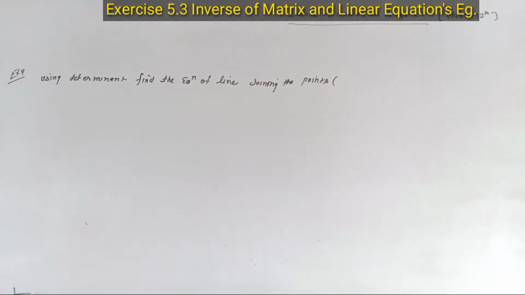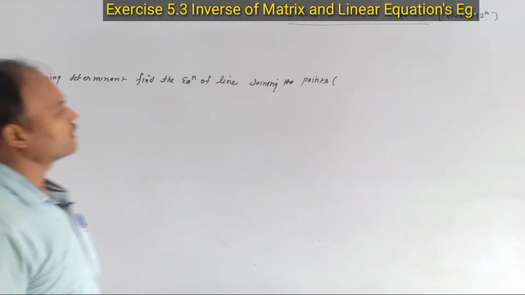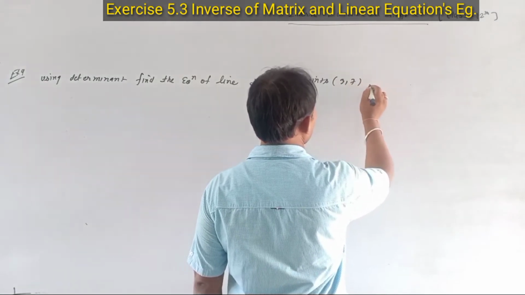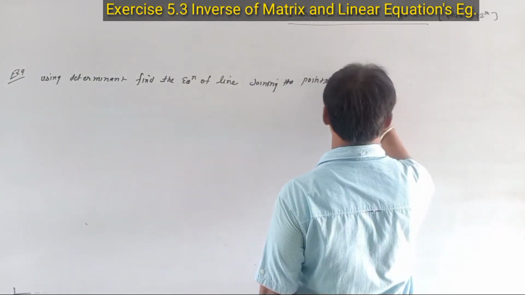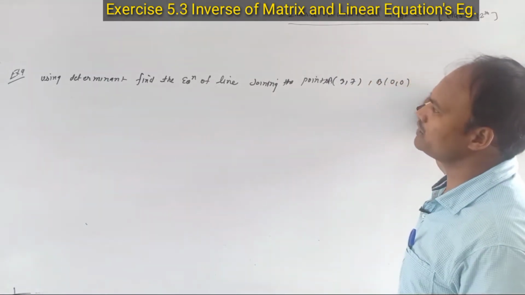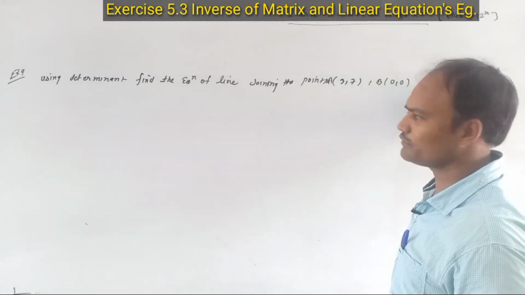Points are given: A (3, 7) and B (0, 0). These two points are given. Using determinant, find the equation of a line. We have to find the equation of a line.